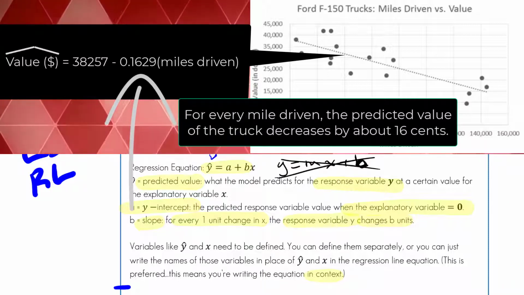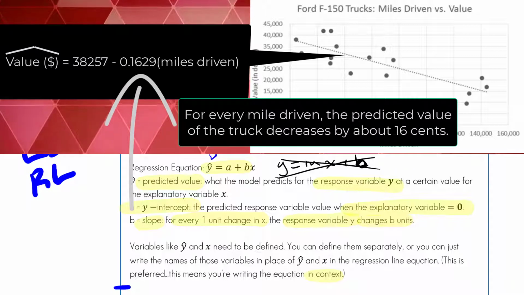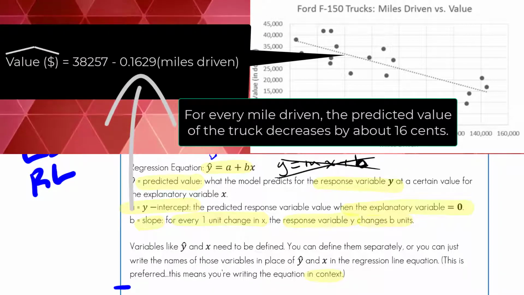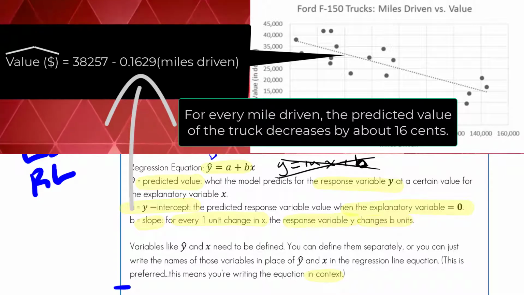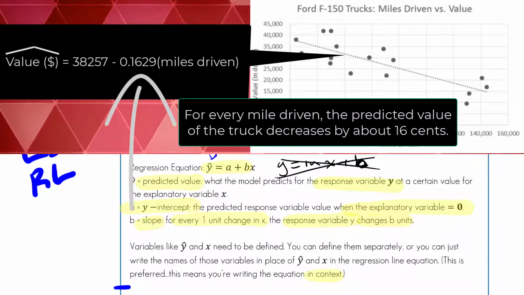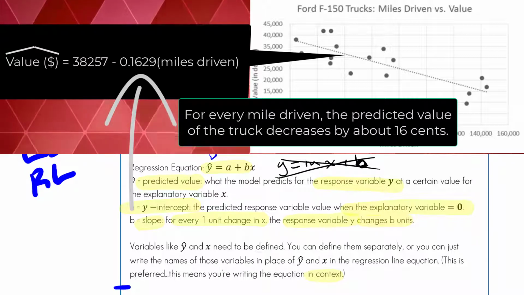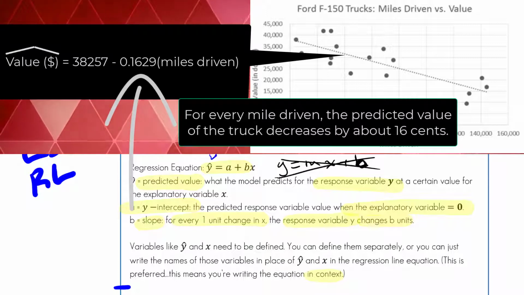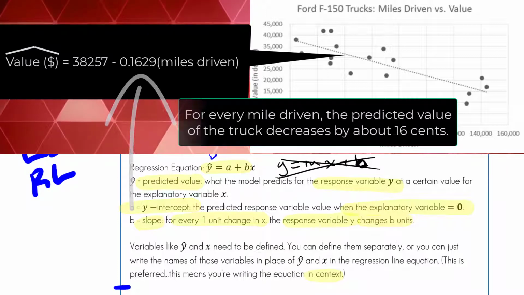That's the slope. That's describing the change. And it's super important to be able to articulate that, because the slope itself is one of these things that you're going to have to do on your LSRL project. You're going to have to interpret it on the AP test, whether it's in a written form or in a multiple choice or both. I guarantee you are going to have to be able to interpret the slope, so make sure you can do it.